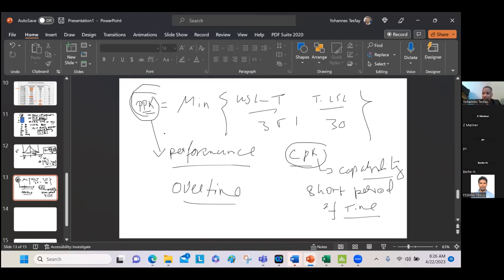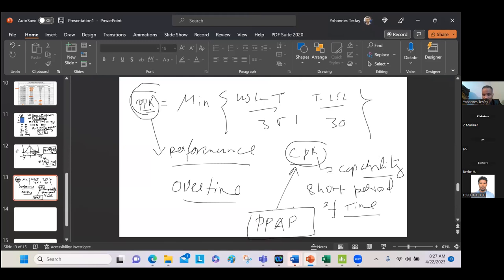You see? For a long period of time, performance. That instant like that. So this metric is required for PPAP. PPAP requirements have CPK. PPAP means you show whether you have manufacturing capability or not. Okay, that is PPAP. But this one is to evaluate performance, the overall performance of the process.